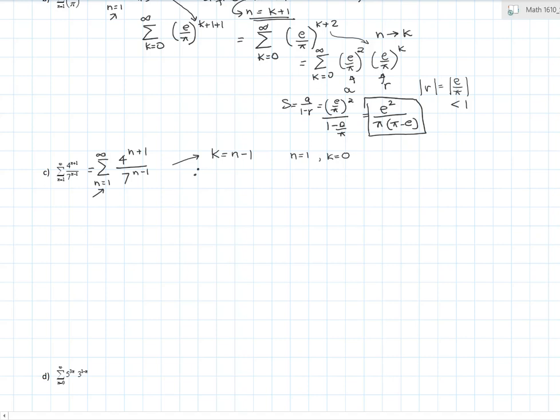Okay. So if k is n minus 1, that means n must be k plus 1. By the way, suppose your summation was from n starting from 2 to infinity, then your change would be k equals n minus 2.